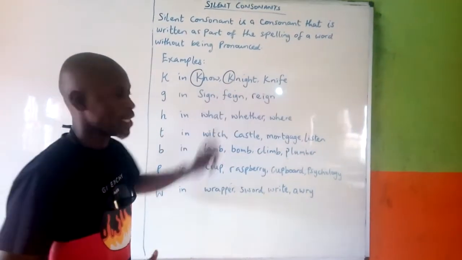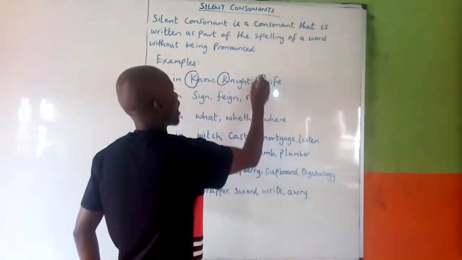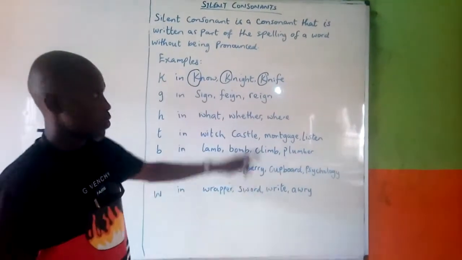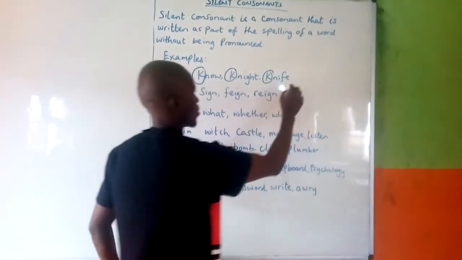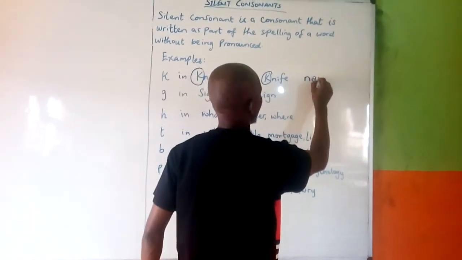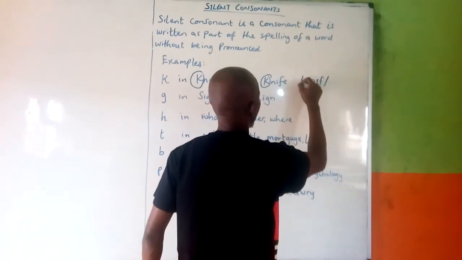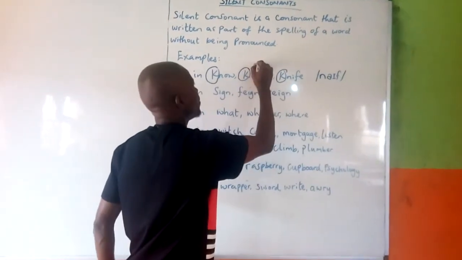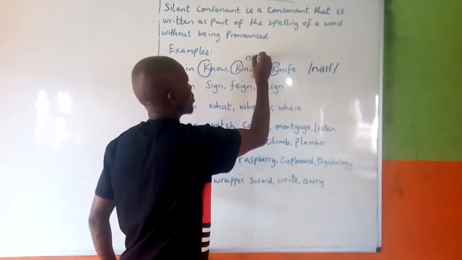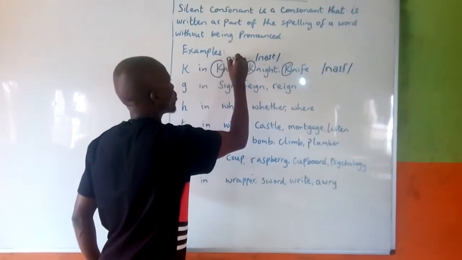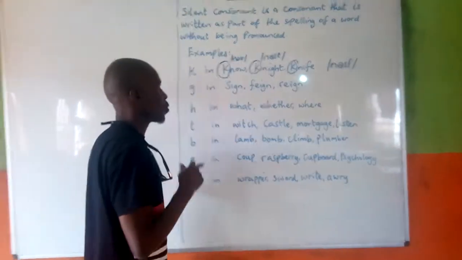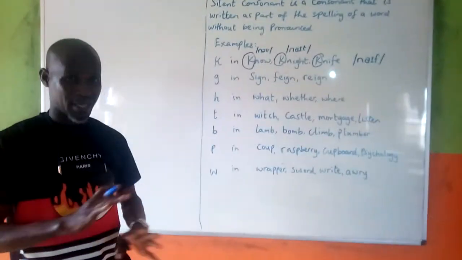Likewise, in "knife", the letter K is also silent. So this is what you're pronouncing in "knife". The transcription will give you something like this, and for "night" and "know" the transcription will give you something like this. So the letter K is actually silent.